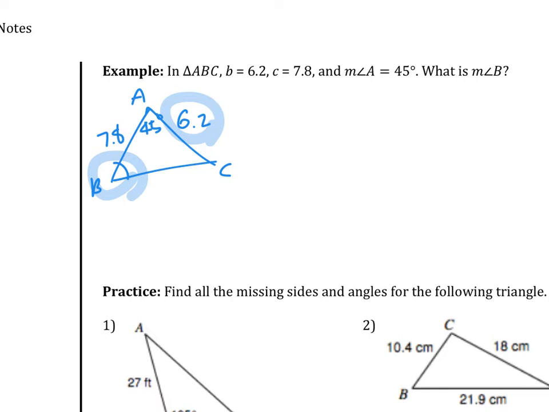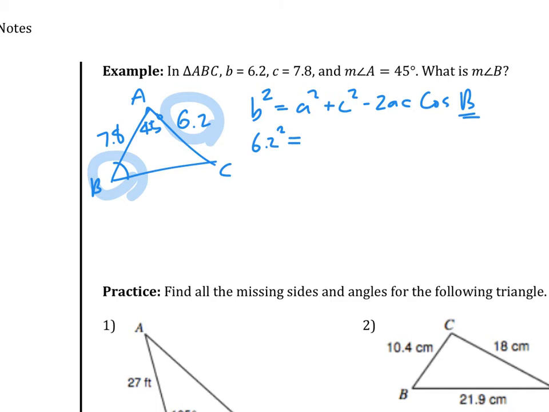Okay, you can see that the opposite side is b, the little b. So that's going to be b squared equals a squared plus c squared minus 2ac cosine B. Okay, cosine B is what we're looking for, and that's going to be the angle that's by itself. So b squared, that's 6.2 squared, equals a squared.